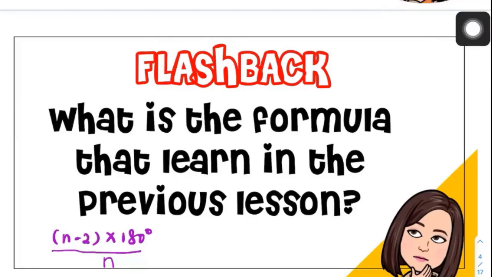Inside this formula, what else did you learn? Which formula did you learn? Other people are not responding. Those people, please respond. How about Ifra? Can you give me another formula that we learned in the previous lesson? You were in the class, right? Besides (n minus 2) times 180 over n, how to find the exterior angle? One of the exterior angles, how to find it?